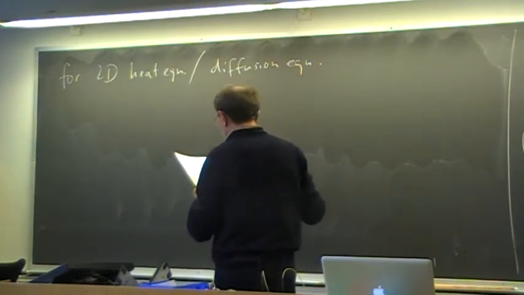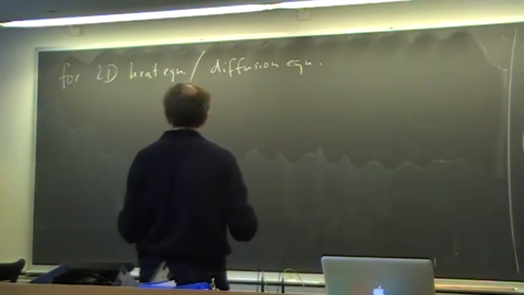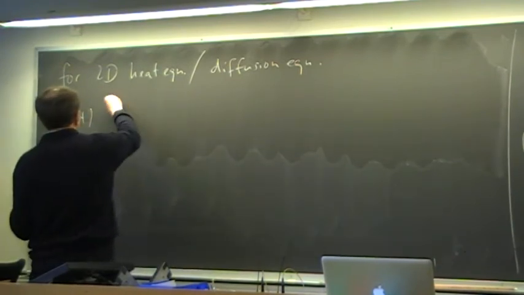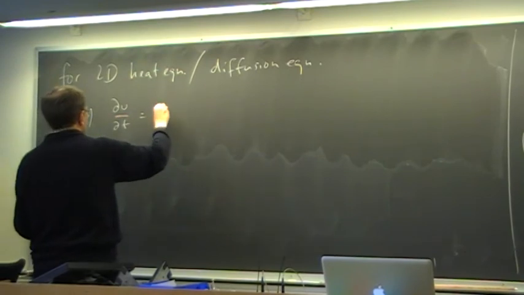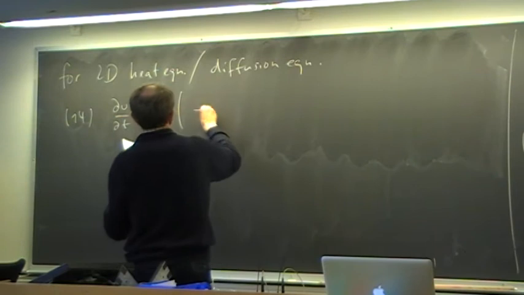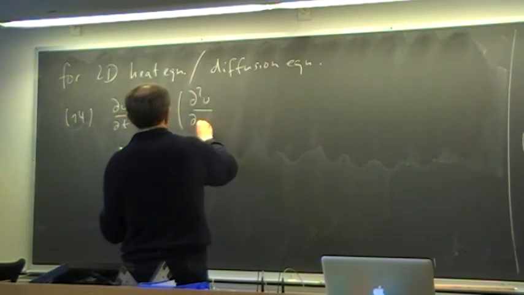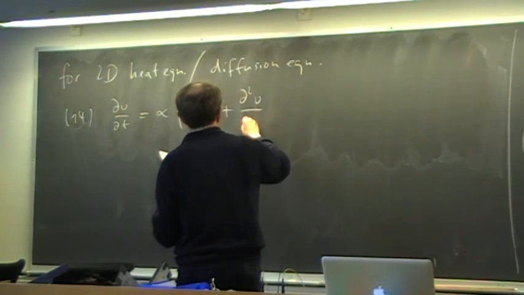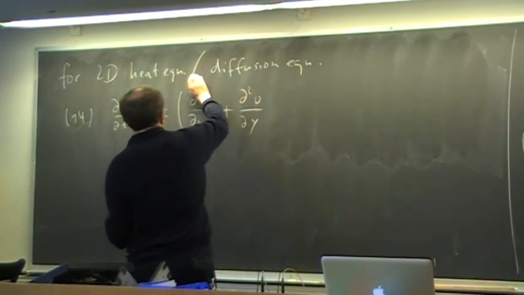And that would be, 14 would be the equation du dt is equal to diffusion coefficient alpha times the second derivative of u with respect to x plus the second derivative of u with respect to y. So it should be 2 here.